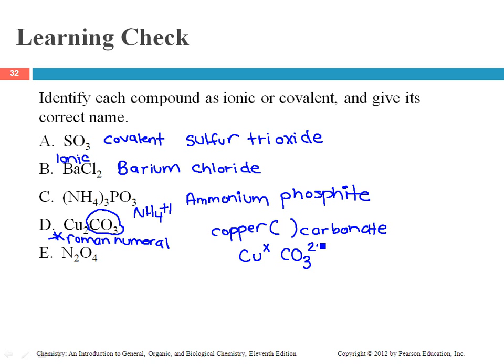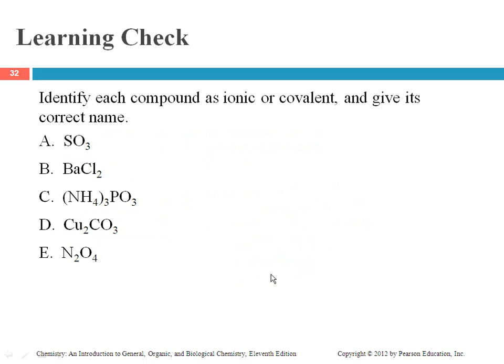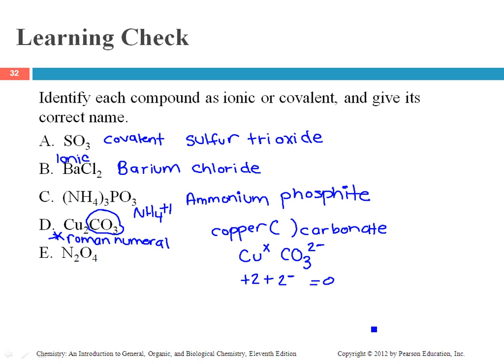Okay, so the only way for us to equal 0, we have a 2-. We are going to need a +2. 2 minus 2 equals 0. Okay, that is true, but just all my mistakes, it's easy to make them.